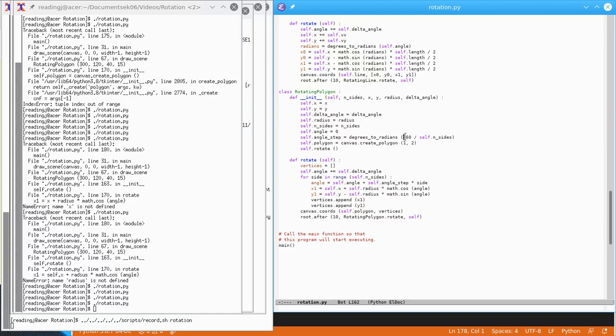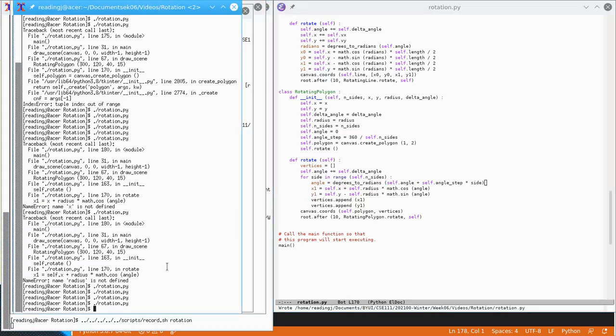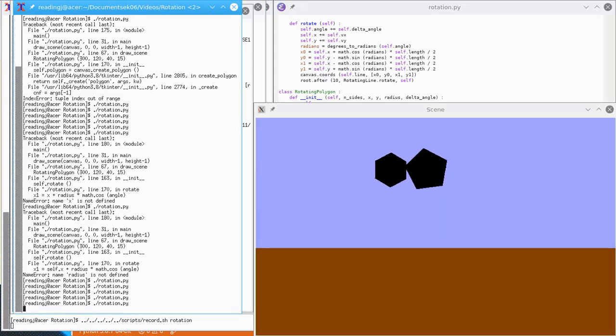So, okay. I'm mixing radians and degrees, that's the problem. Okay, self plus delta angle, self dot angle. So this is now degrees to radians. Like that. Okay, let's try that. There we go.